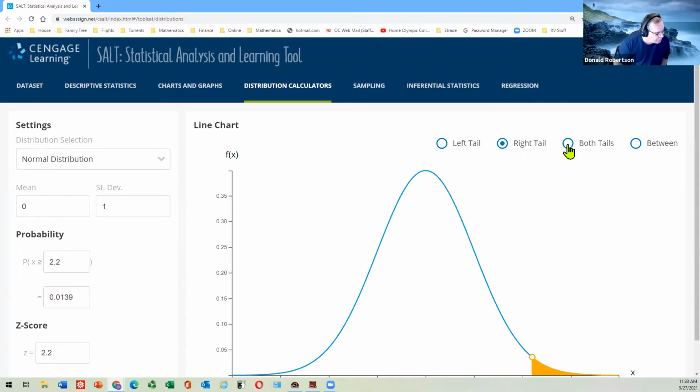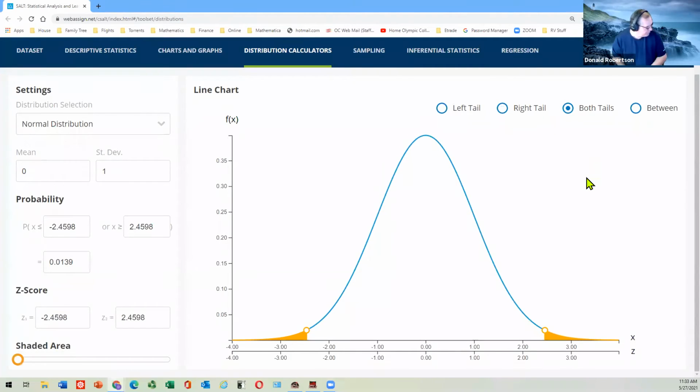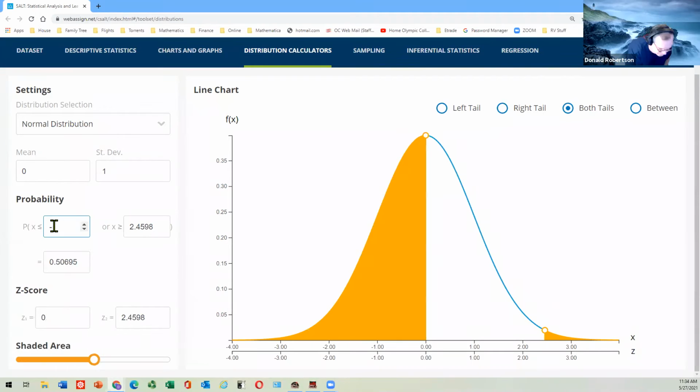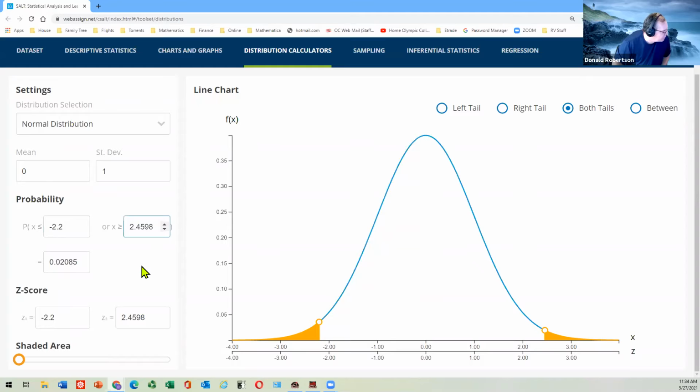But I'm going to put in both because it's a two-tailed test. Whenever it's a not equals to, it's a two-tailed test. And I go in here and I put in the number 2.2. And I put in the number 2.2.